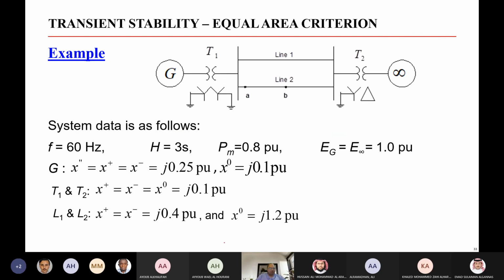You are given numerical values for a system, and then we will discuss the equal area criteria in all cases when we have a step change in mechanical power, and how much the maximum, if we have a fault here, and even if we have a single line to ground fault, not necessarily a three-phase fault, how to apply the equal area criteria for system stability estimation or monitoring. Do you have any question?